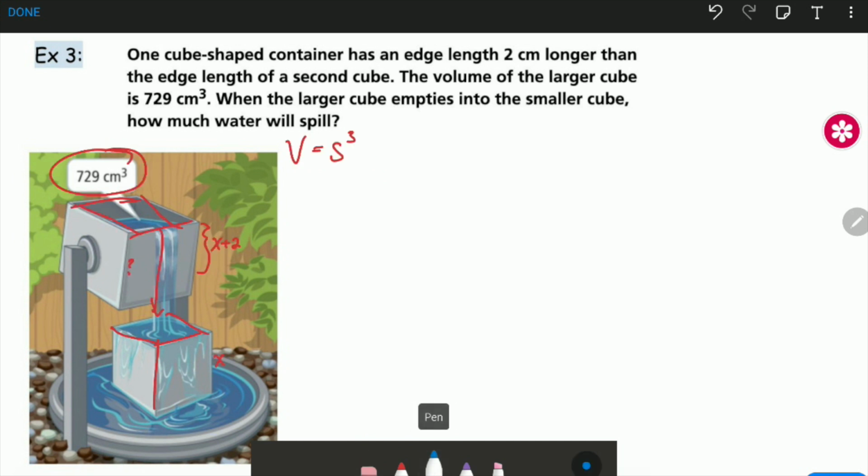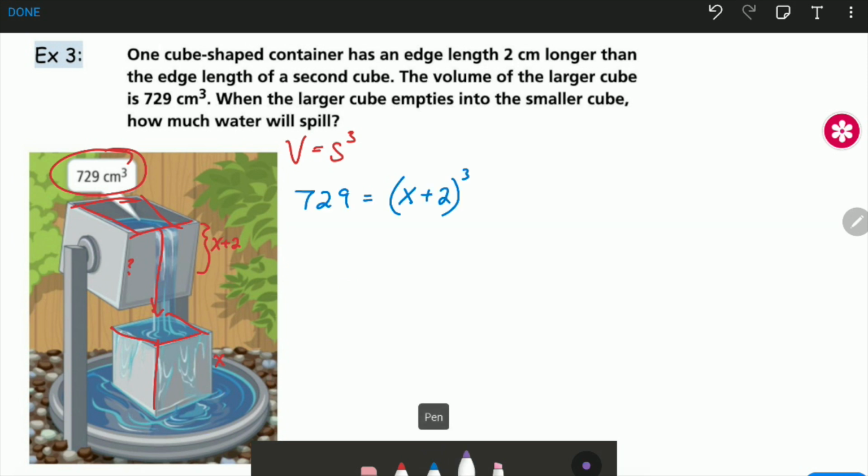So the bigger cube has a volume of 729 cubic centimeters, and each side length is some number plus 2 centimeters in length. This gives me a simple formula for the volume of the bigger cube.